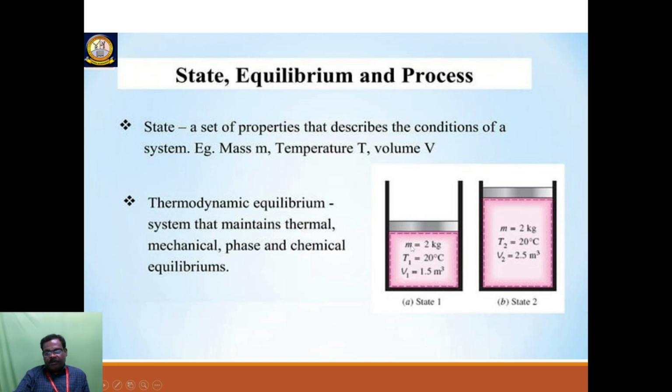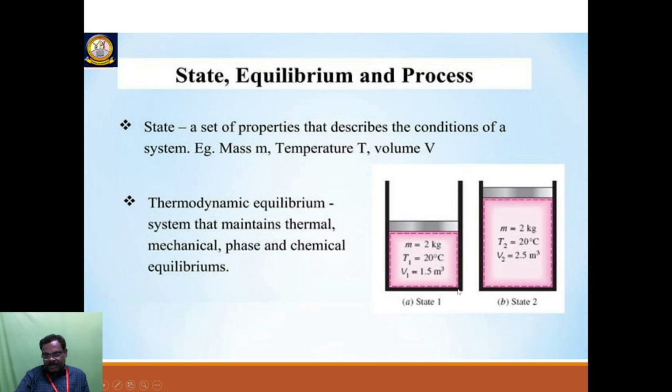State 1 means what are all the properties? Mass, assuming it is 2 kilogram. Temperature 20 degrees Celsius. Volume of this one will be 1.5 meter cube. Okay. So it's a set of properties describing the condition of the system.